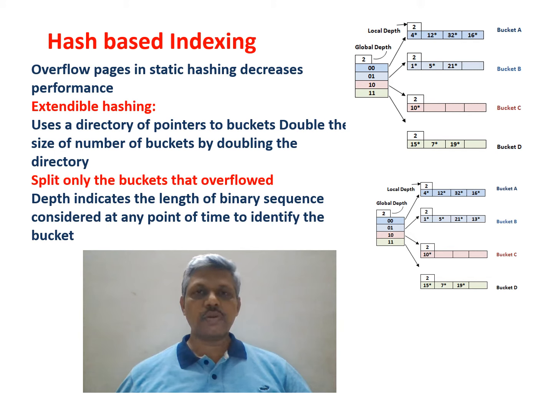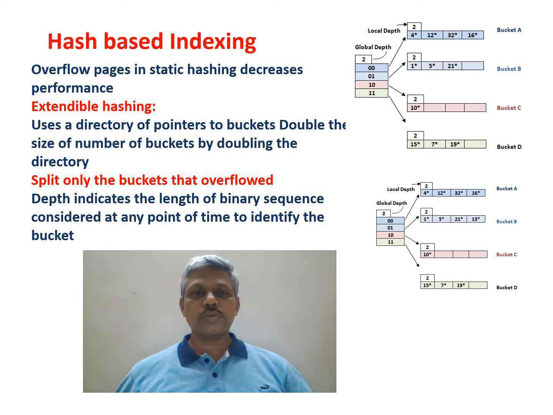Just as we have seen in the last slide, the corresponding record is inserted in that bucket. And global depth indicates the length of the binary digits that we consider for the given input. In this case, global depth is 2, so we consider only 2 digits from the right end, and local depth is also 2. So that's the given scenario.